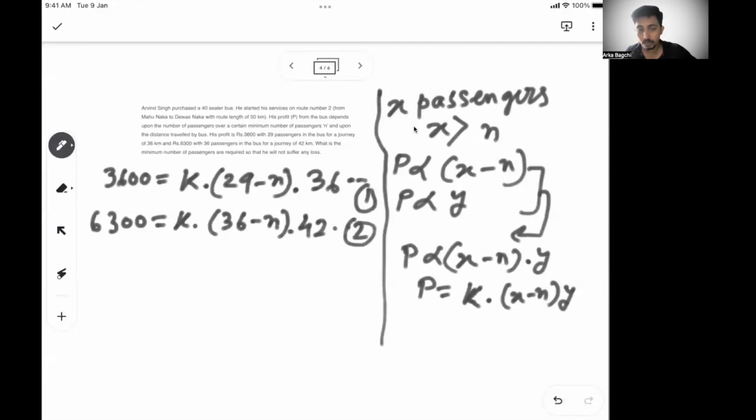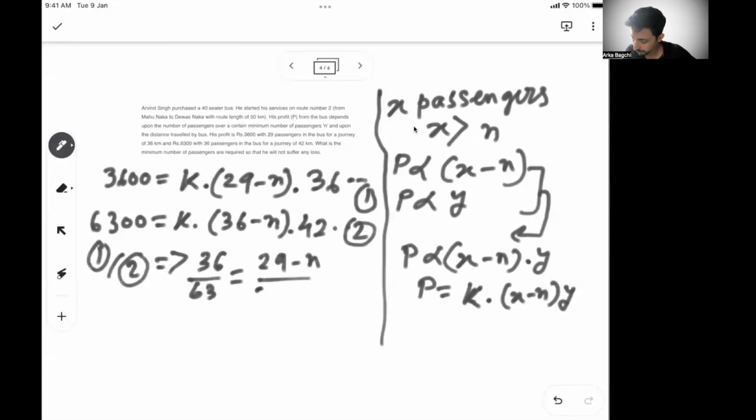So there are two equations, two variables, k and n are unknown. So let's go ahead and try to solve this. Let's say we do 1 divided by 2. So from here we get 36 by 63 on the left hand side. K will get cancelled out. 29 minus n divided by 36 minus n into 36 by 42 if you divide 36 by 42, right?